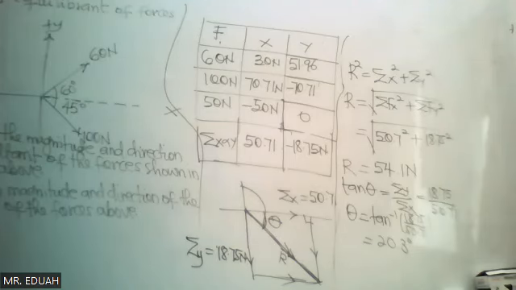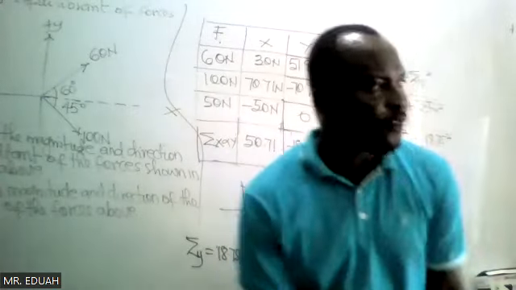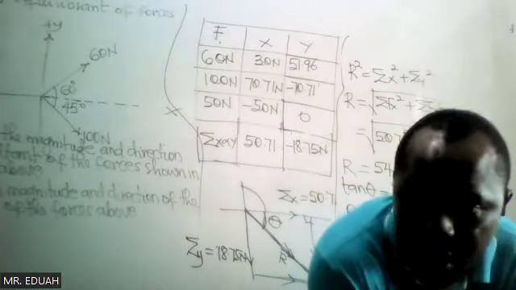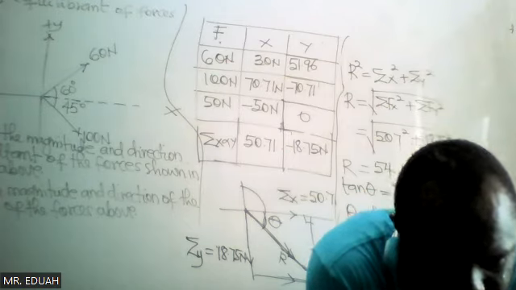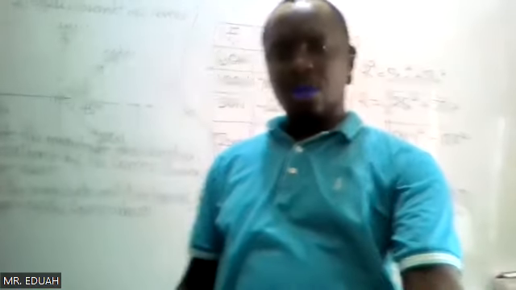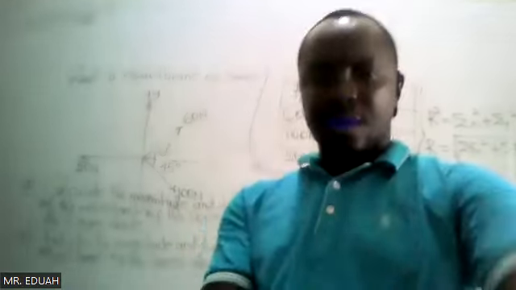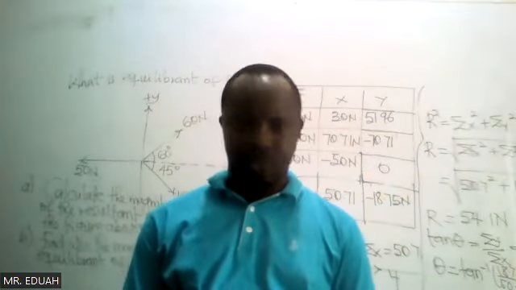The B part demands that we find also the magnitude and direction of the equilibrium. Now, what is an equilibrium? The equilibrium force, or the equilibrium of a force, is that force which will produce a net force of 0.